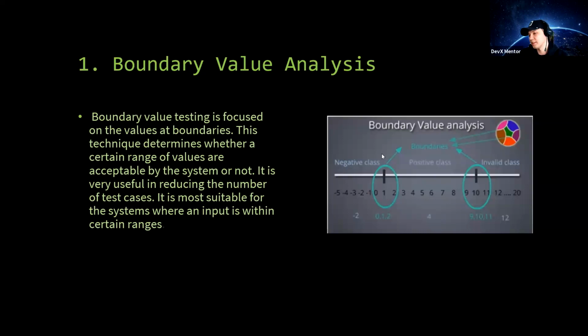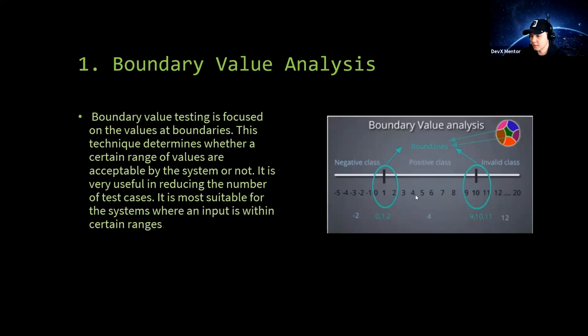So, for example, we're testing some program which takes inputs from 1 to 10. Most of the mistakes and bugs can be found on these boundaries, around this 1 and around this 10. So in our test cases we're gonna test 0, 1, and 2, and 9, 10, and 11, because most of the mistakes can be found on these boundaries.